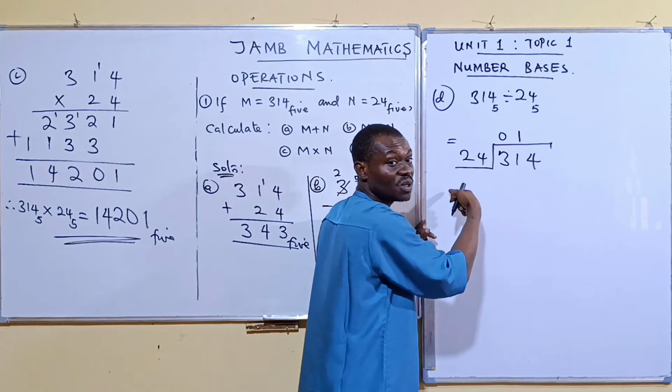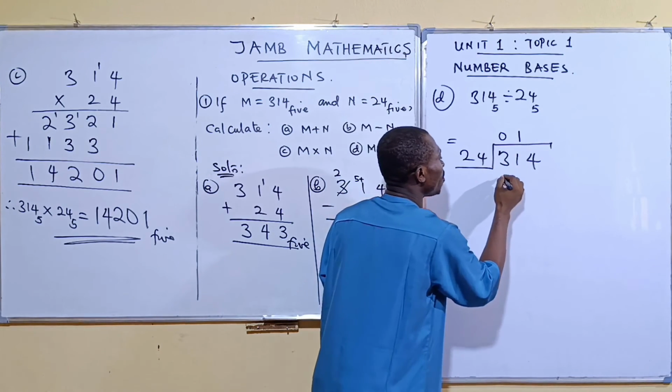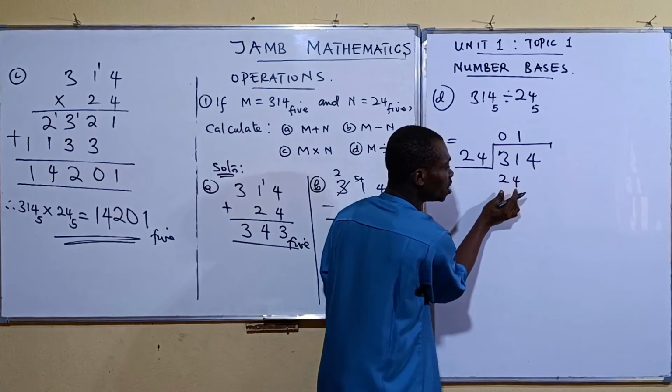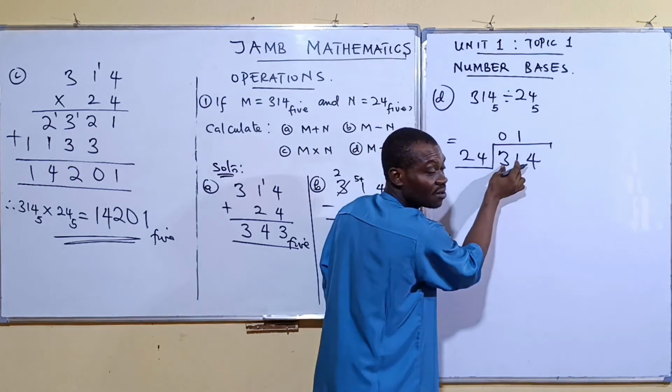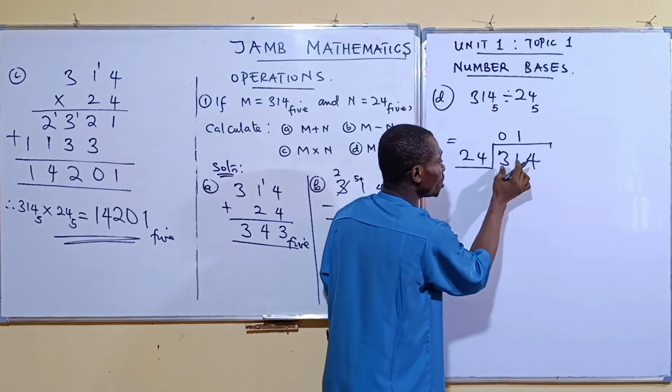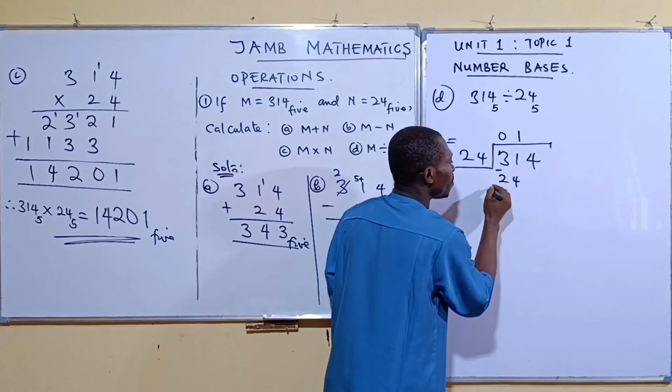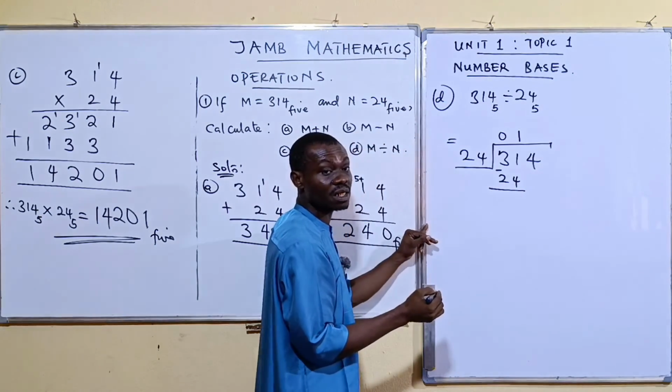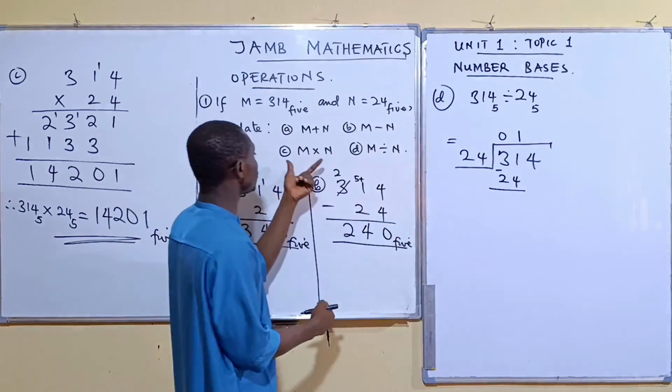Then you do your normal multiplication. 1 times 24 is 24. The 24 will be under this 31. You won't take it here because you have not done anything with this digit. You know our normal approach. You check for any remainder, so you do the normal subtraction.